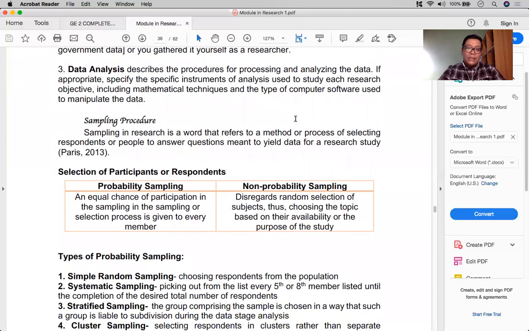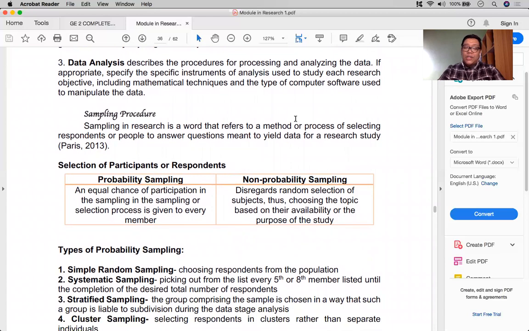When you say probability sampling, an equal chance of participation in the selection process is given to every member. But when you say non-probability sampling, random selection of subjects is disregarded, hence choosing the subjects based on availability or the purpose of the study.